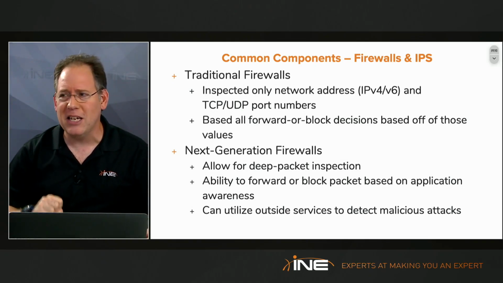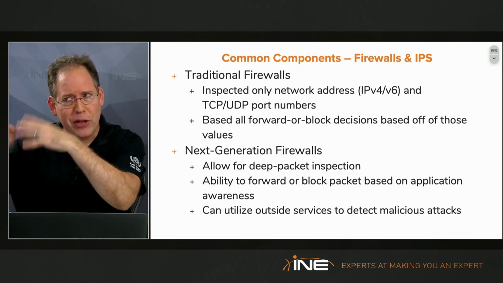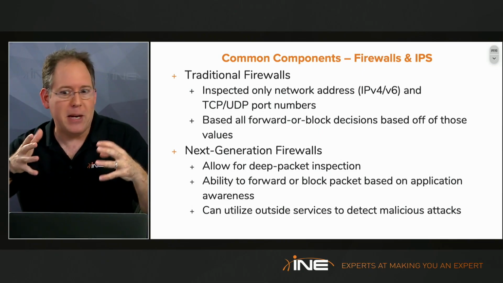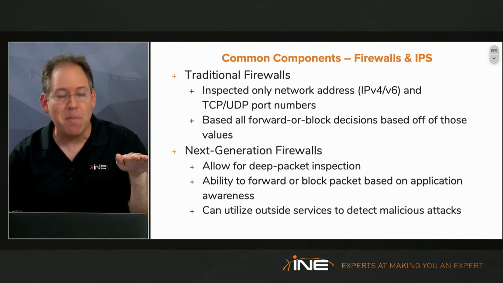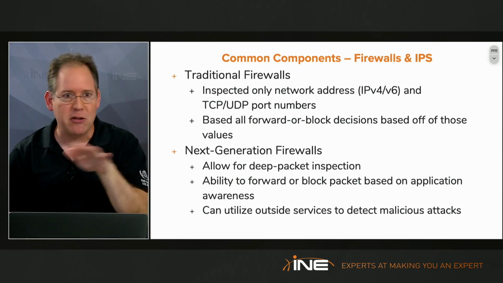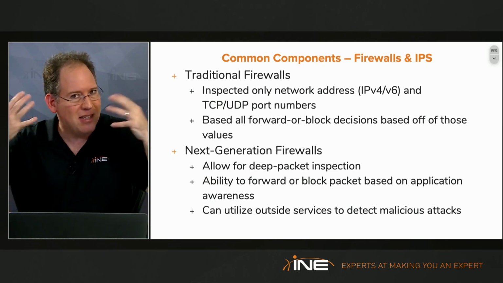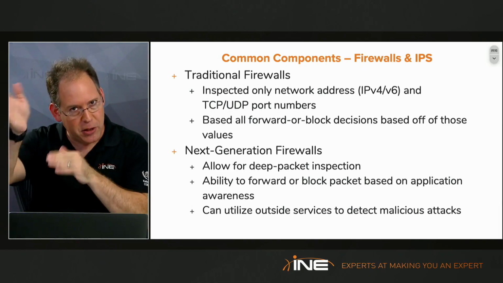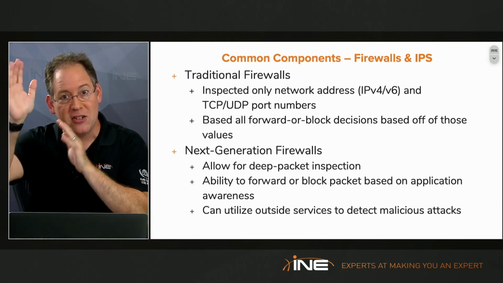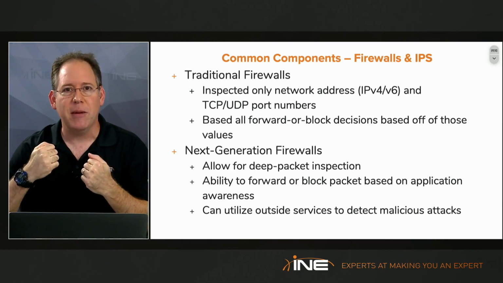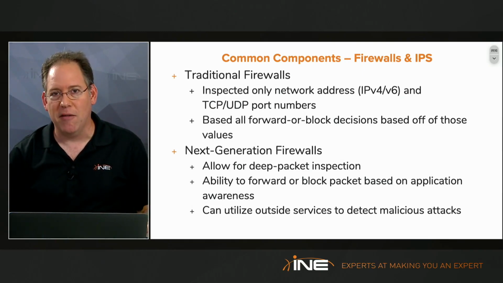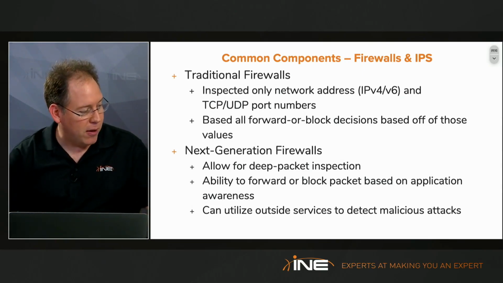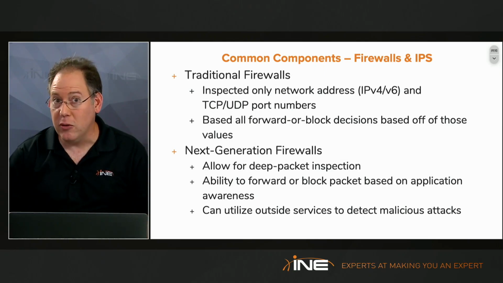Give me information about the latest network attacks and what they look like, so I can use that information to look at the data going through me and try to determine if there's a virus or network attack going on. Because that stuff changes all the time, the firewall is in constant communication with these network devices at Cisco, getting this updated information so it can spot this type of stuff. So a next generation firewall can utilize outside services to do that.